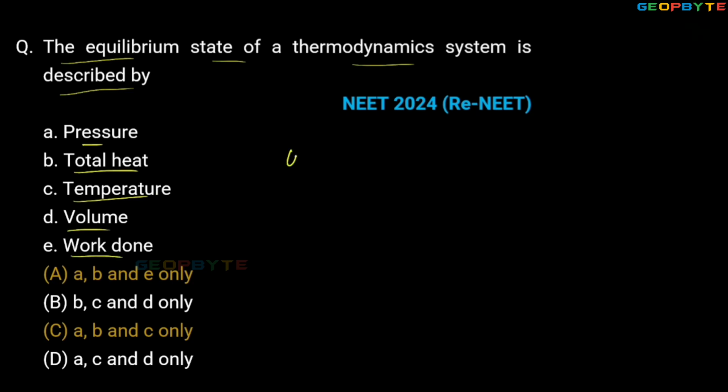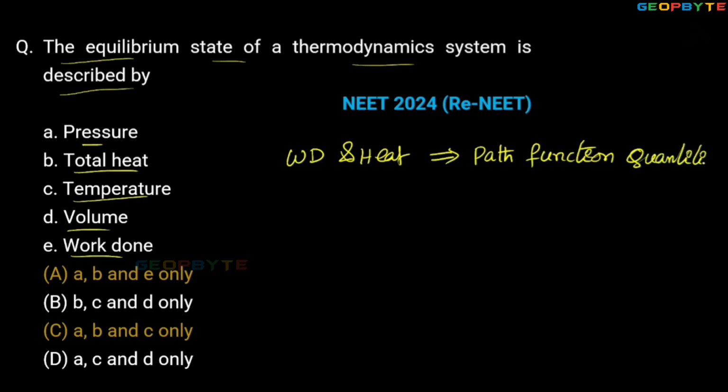Dear friends, remember work done and heat, these two come under path dependent quantities or path function quantities. These path function quantities cannot decide the thermodynamic equilibrium state.